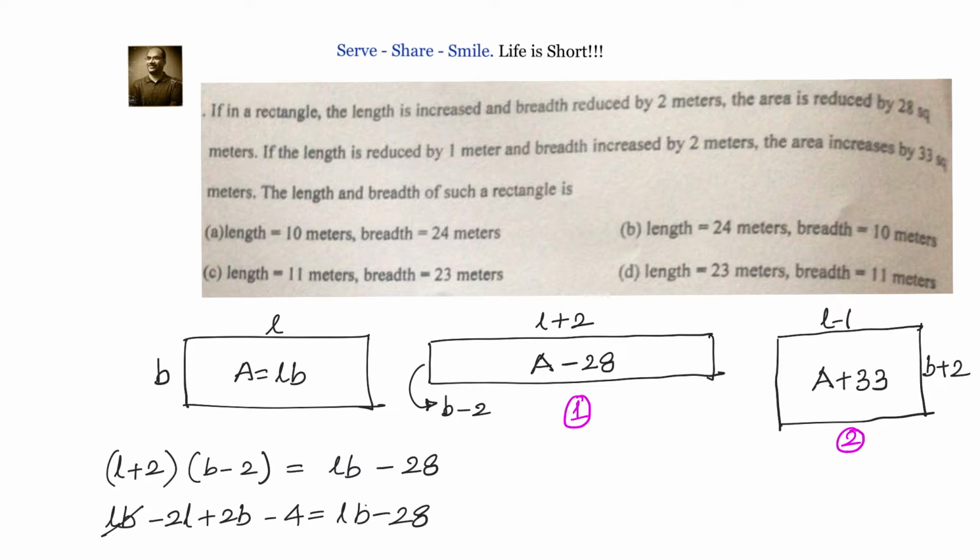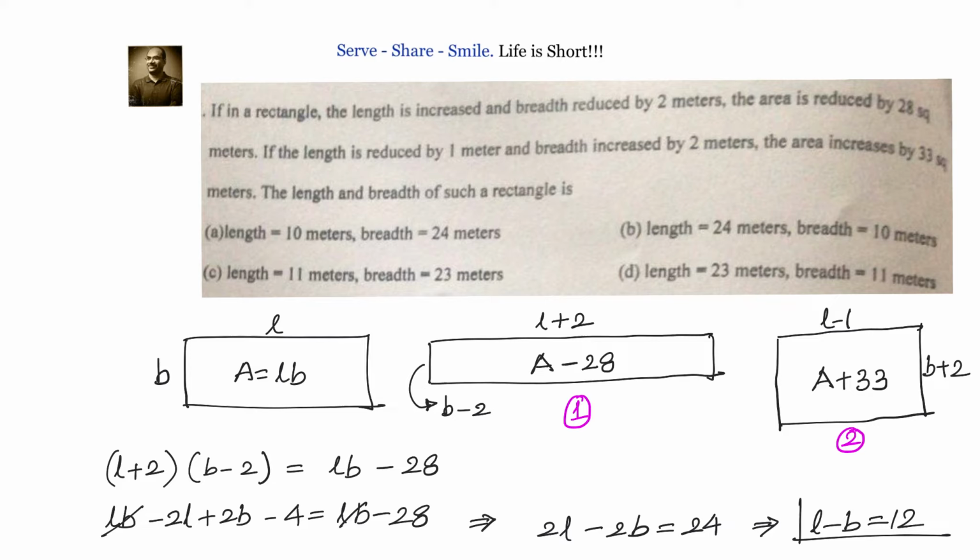I can cancel LB and LB. Taking 2B to the right-hand side and 28 to the left, I'll have 2L minus 2B is 24, or L minus B equals 12.